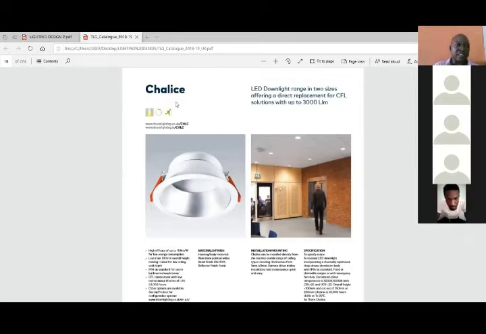Look at this particular fitting called Charlie's. You can see it's an LED downlight range in 2 sizes, offering a direct replacement for compact fluorescent fitting. I told us earlier on that starting from the world of incandescent, manufacturers step up to fluorescent.